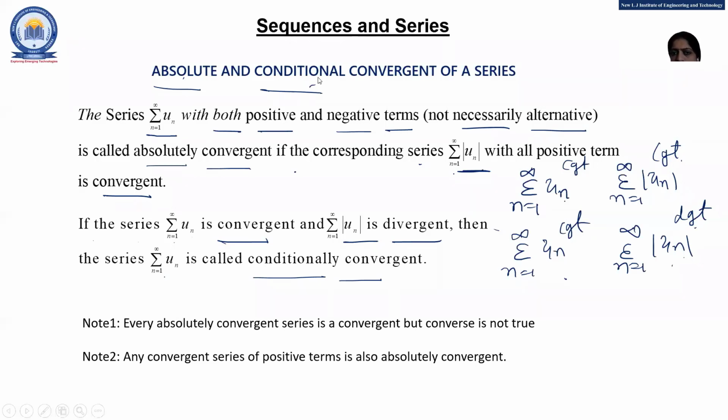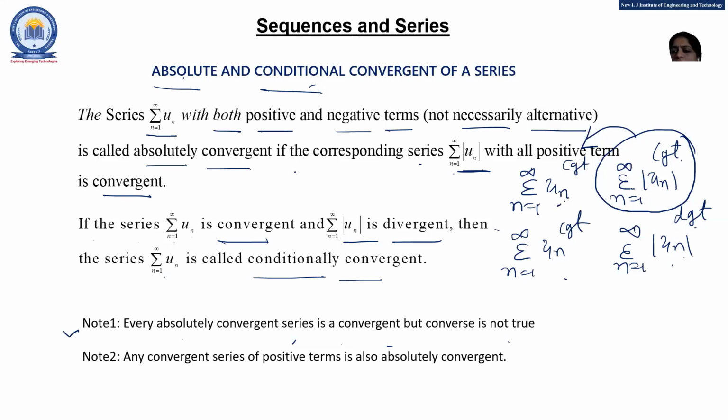Now listen carefully, note one. Every absolutely convergent series is convergent, but the converse is not true. What does it mean? If summation n 1 to infinity mod un is convergent, then summation n 1 to infinity un is convergent.